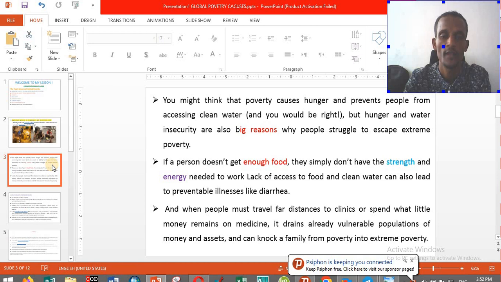And when people must travel a distance to clinics or spend what little money remains on medicine, it drains an already vulnerable population of money and assets, and can knock a family from poverty into extreme poverty.